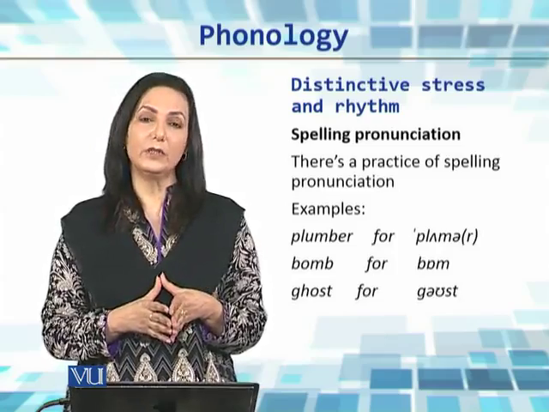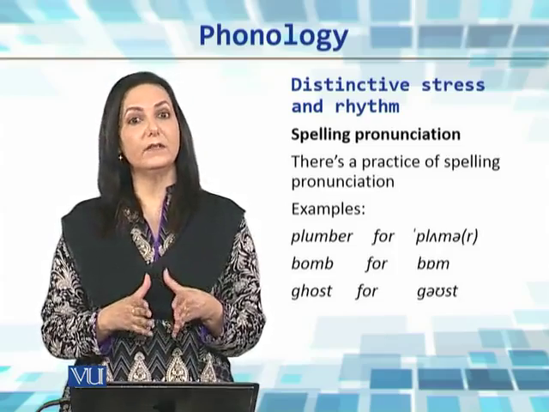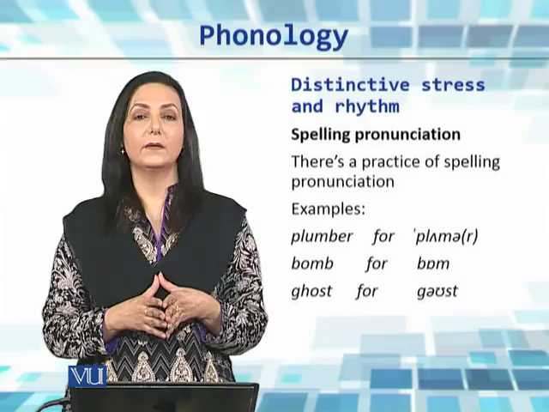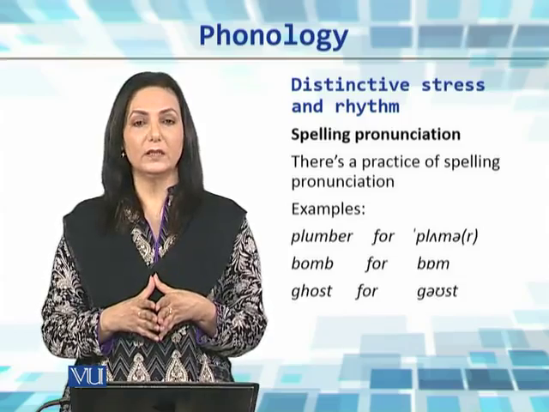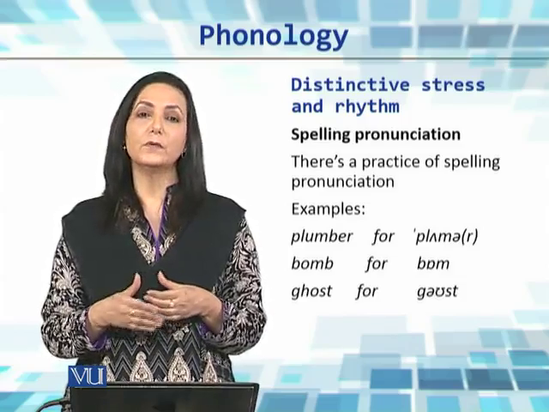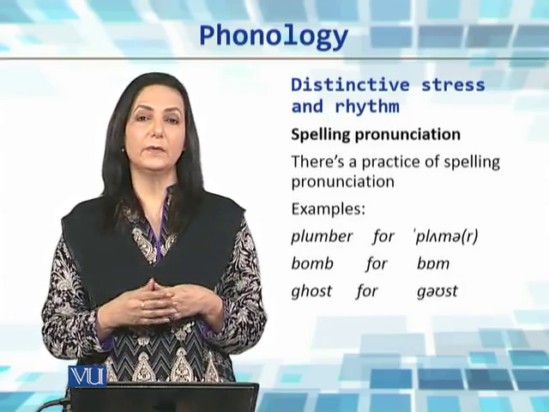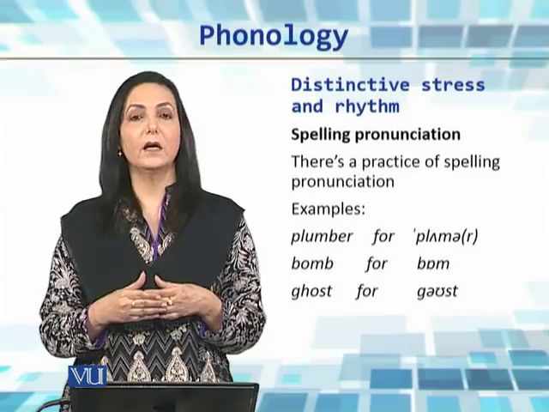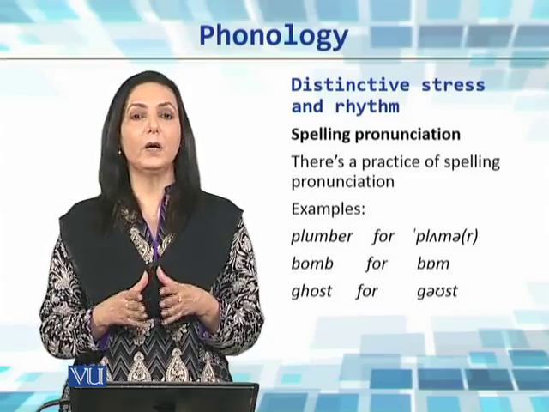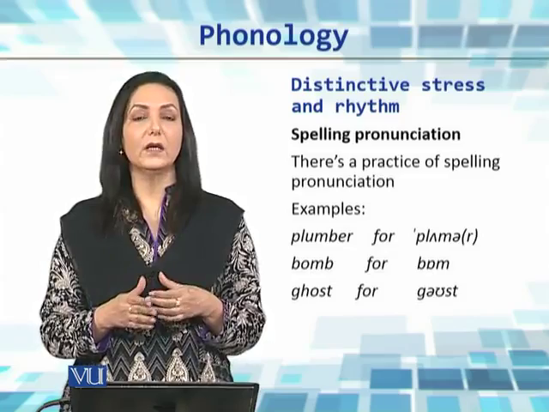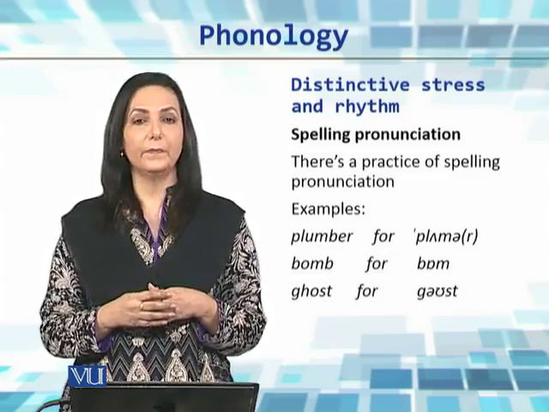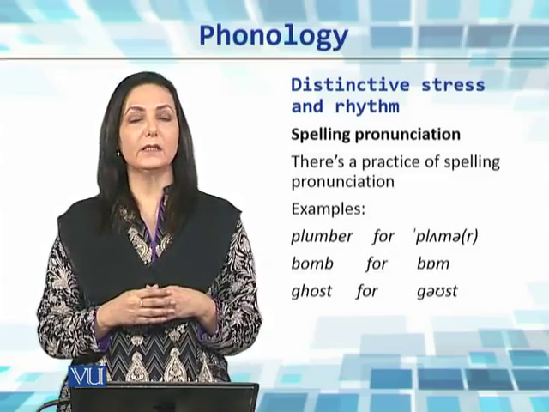But people from outer and expanding circle countries would definitely pronounce it and say it as ghost instead of ghost. So because of all these distinctive features, we see the pronunciation and accent of speakers of English from outer and expanding circle countries is very different from speakers of English from inner circle countries.